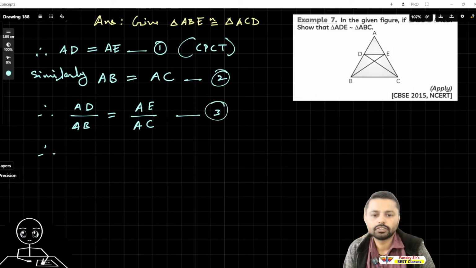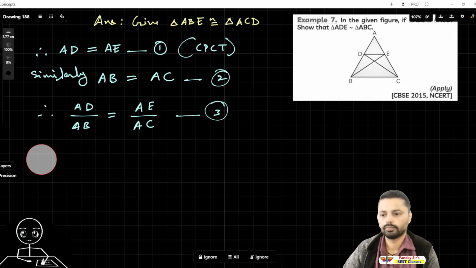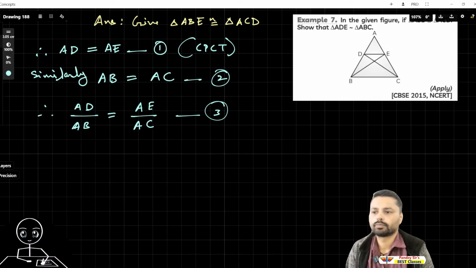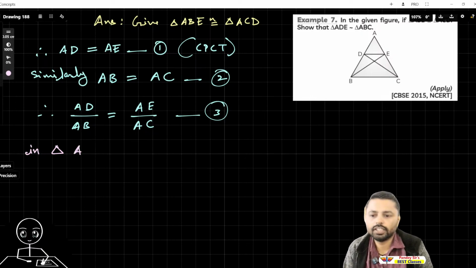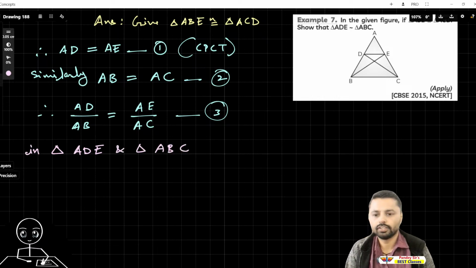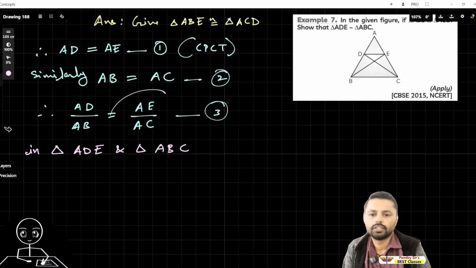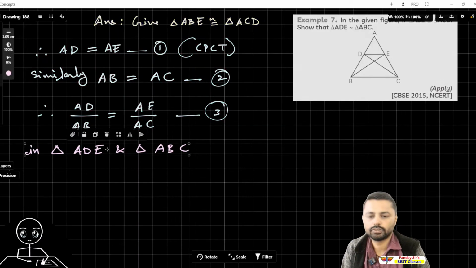Now, in the required triangles, in triangle ADE and triangle ABC, the angles are equal. I'll say that in a while, but before that I'll take these sides. Wait, just a minute.